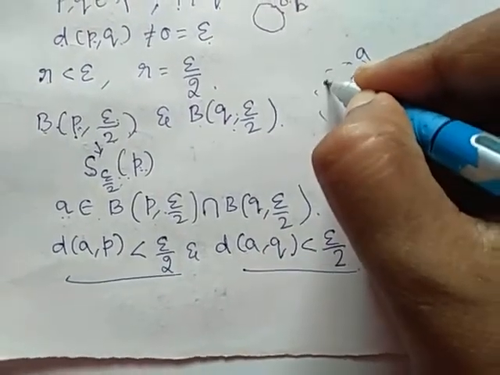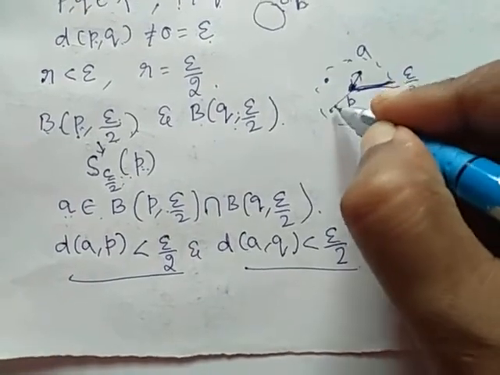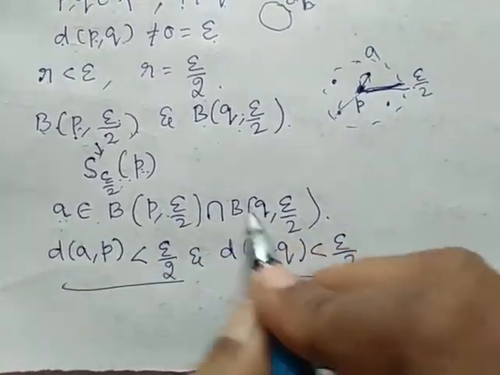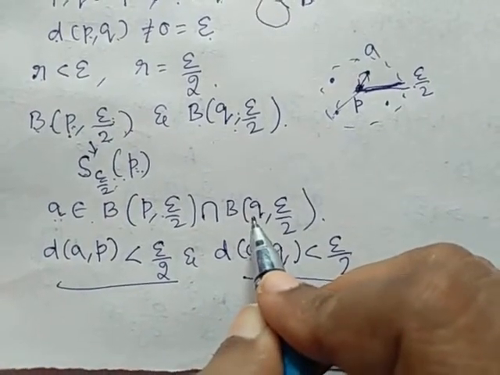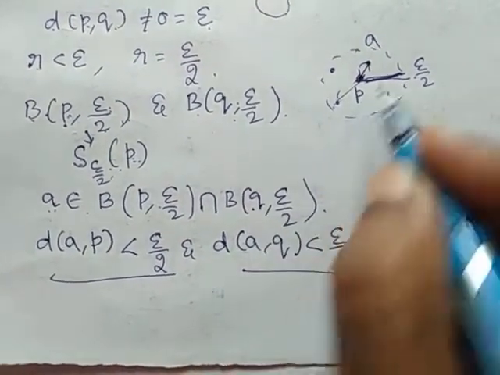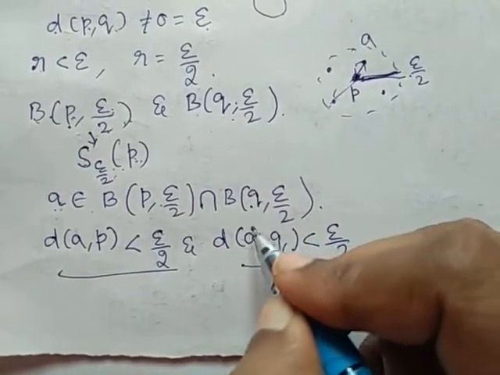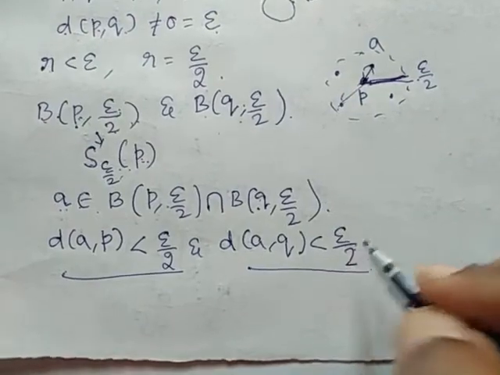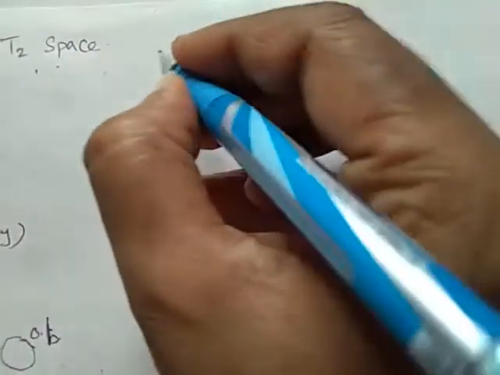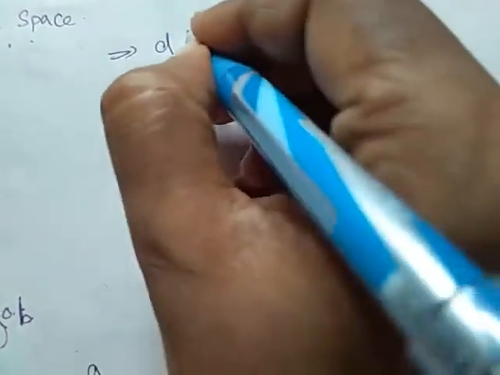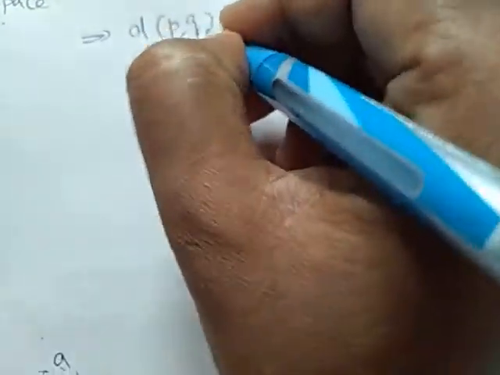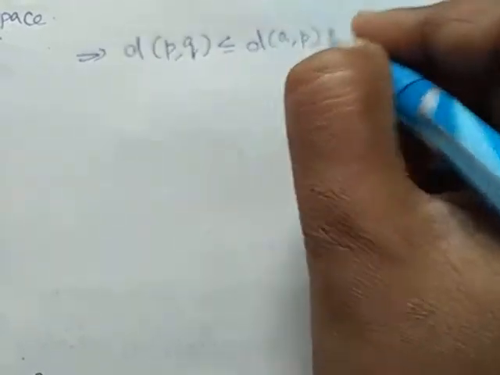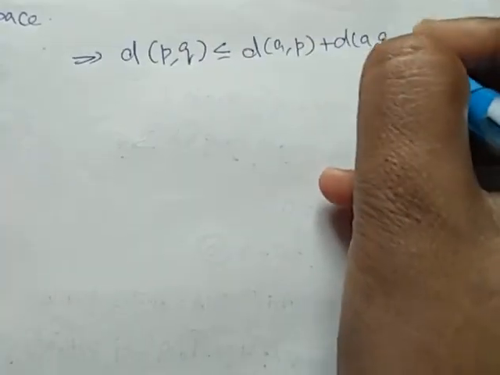Wherever we consider the point A, the distance between A and P is less than epsilon by 2. Similarly, A belongs to B of Q, epsilon by 2, so the distance between A and Q will be less than epsilon by 2. This implies the distance between P comma Q is less than or equal to the distance between A comma P plus the distance between A comma Q.